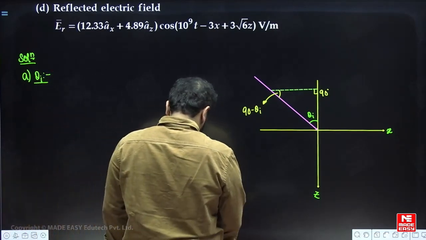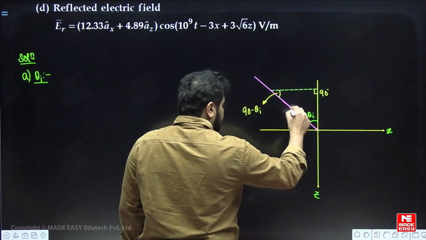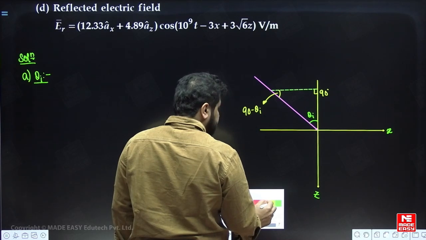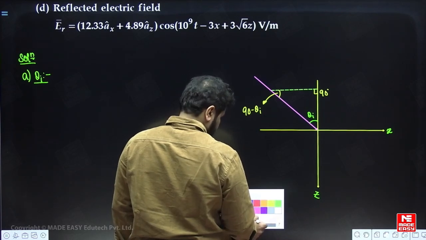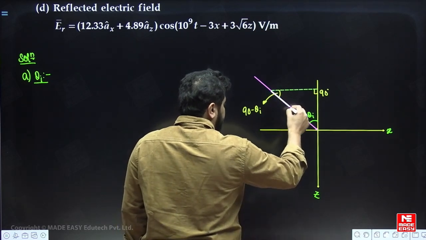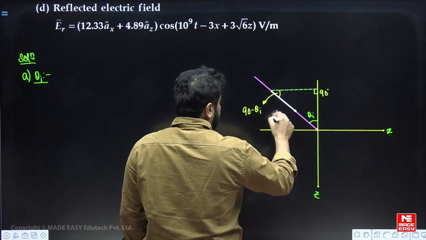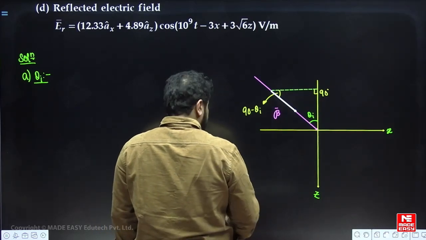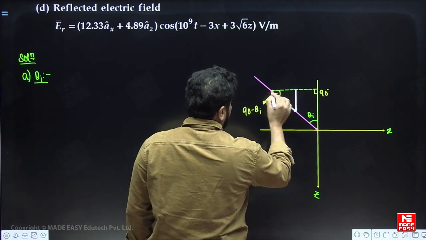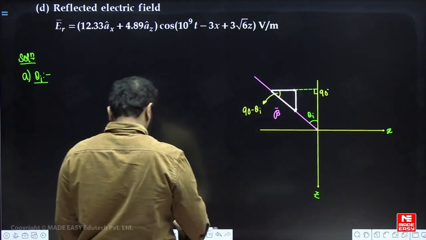How is the wave propagating? The wave is propagating in this direction, right? Or let us say the direction of wave propagation. The wave is propagating in this particular direction, right? So this is nothing but your beta vector. So this beta vector can be broken into two components, one vertical, another horizontal. Can I break this into two components? Yes.